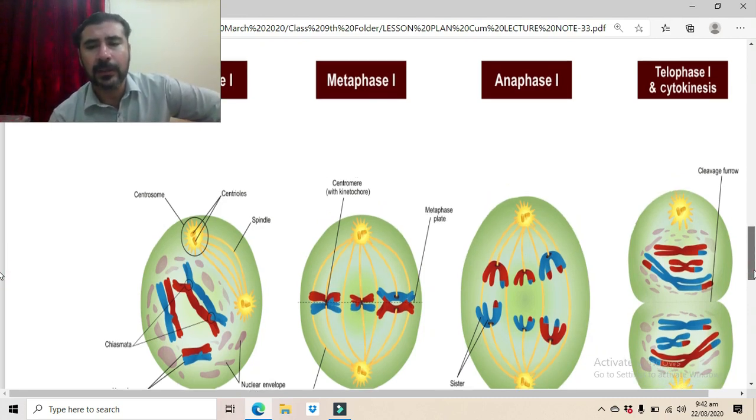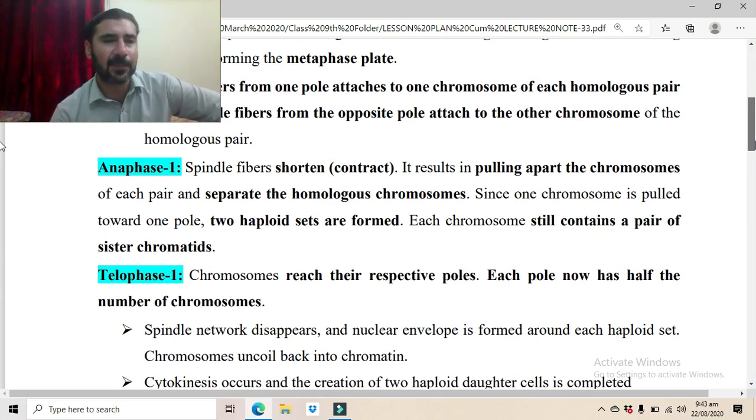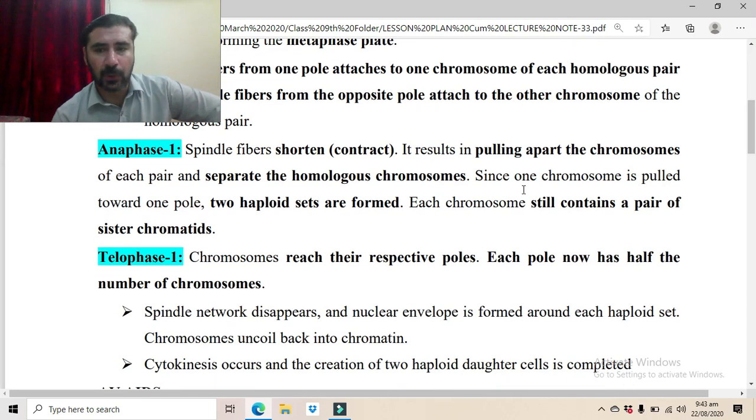In this way, the chromosomes move towards opposite poles. A haploid set of chromosomes moves towards one pole and a haploid set moves towards the other pole. Since one chromosome is pulled towards one pole, two haploid sets are formed. Each chromosome still contains a pair of sister chromatids.